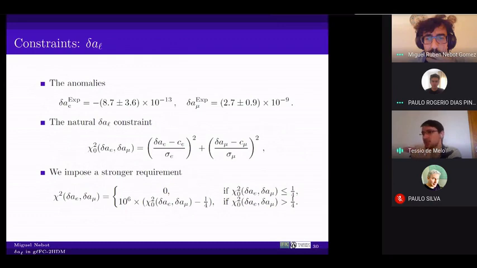Yes, in this slide, you use the, not the natural one. Yeah, the thing is that if I just use this chi-square here, sorry, because here I forgot to include that these C's are the central values, and these sigmas are the uncertainties.